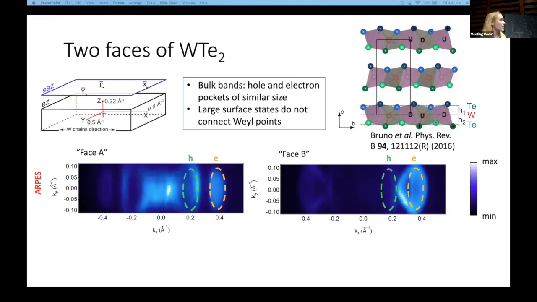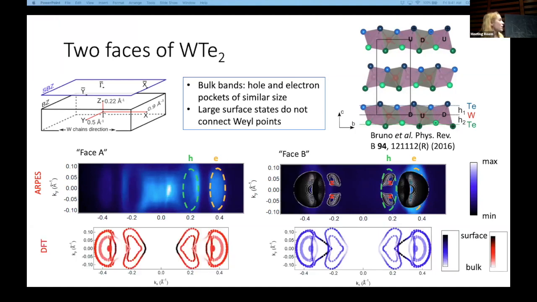That is not the case, because if you look at where the Weyl points are, they're very close together and they are not connected by that surface state. So for this large surface state, I don't want to say it's topologically trivial because there are now proposals that it's not topologically irrelevant. So I'll just say that it's not related to the predicted type 2 Weyl semimetal.